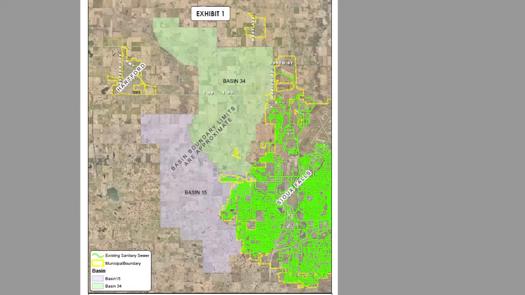Again, the hope is to refine that total service area and those basin limits to ultimately develop a flow that comes together near the confluence of Basin 34 and Basin 15. That flow number will be used to size infrastructure to serve these areas, and again be used to develop the cost recovery amount for Basin 15.